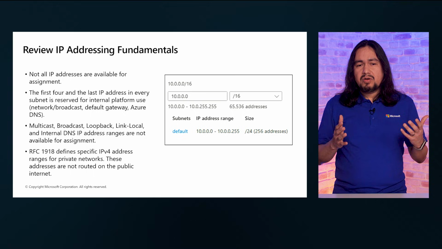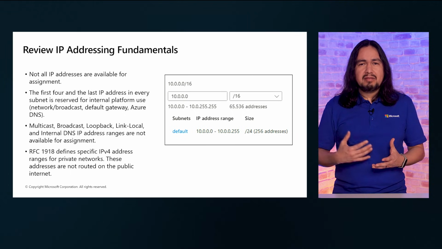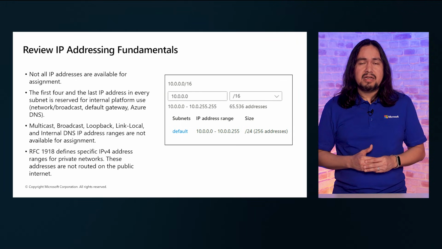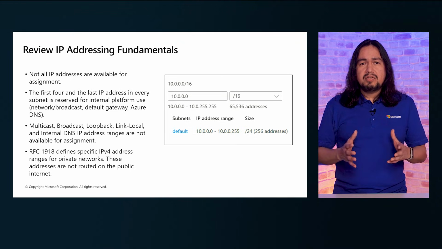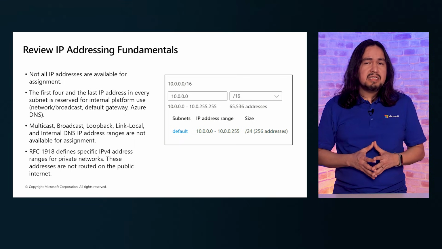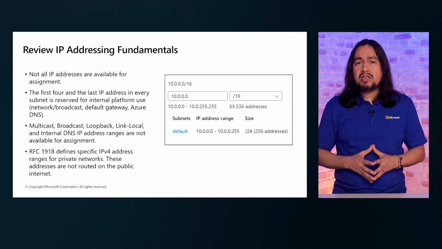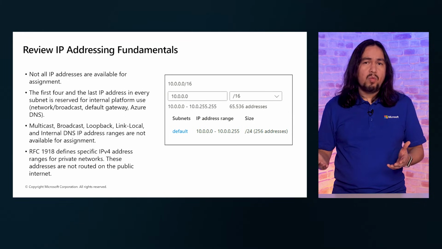Also remember that you cannot use multicast, broadcast, loopback, or link local networks. Also, the internal Azure DNS cannot be used. In order to use a virtual internal network, you need to follow RFC 1918, which defines which type of internal network you can use, for example, 10, 172, and 192.